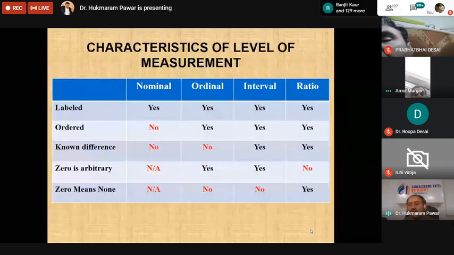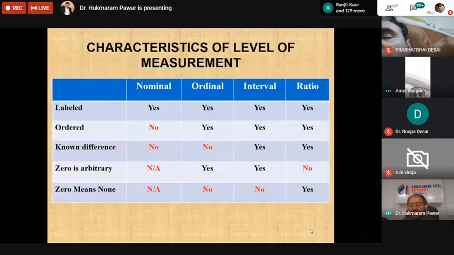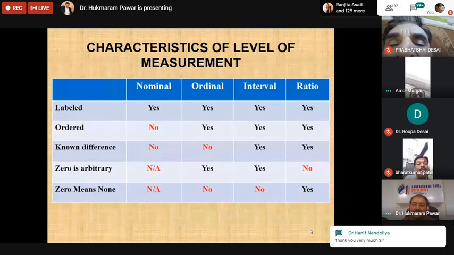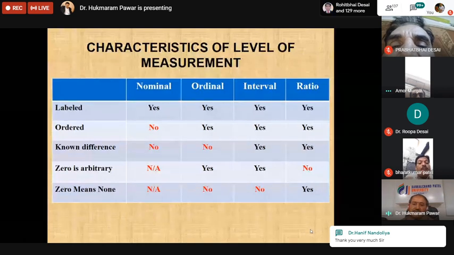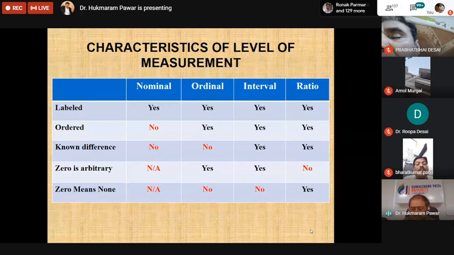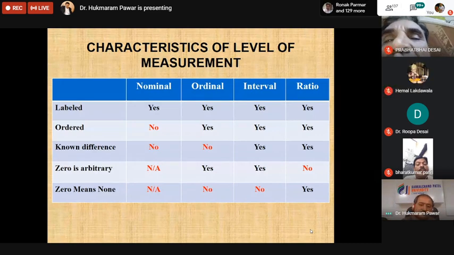If you have ratio data, then calculation and statistics have more options. You can calculate anything, but the things possible in ratio are not possible in nominal. Nominal is limited and ratio is inclusive and more powerful.